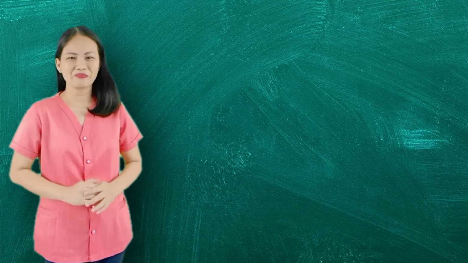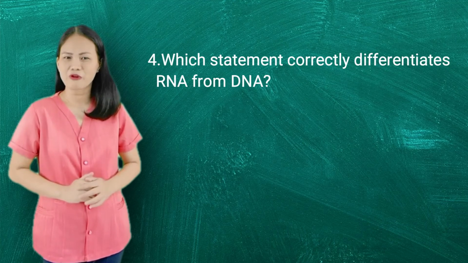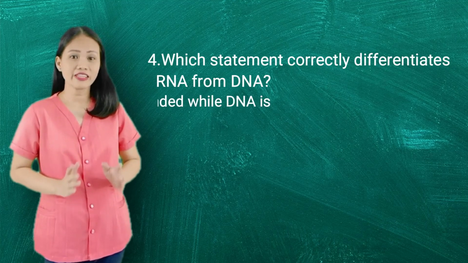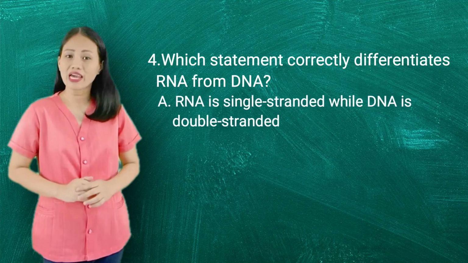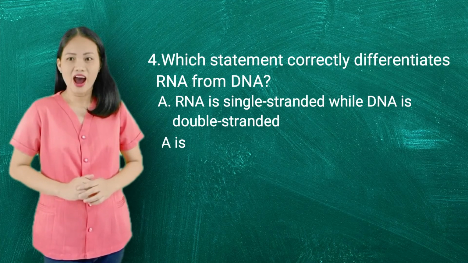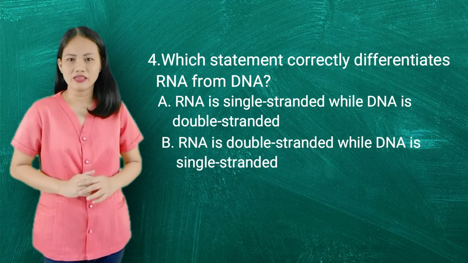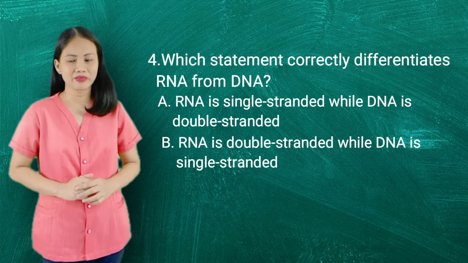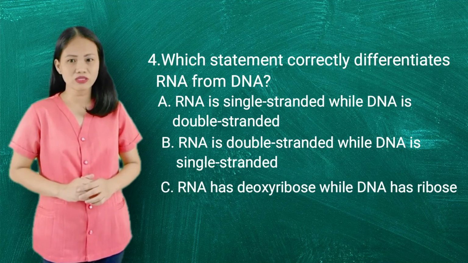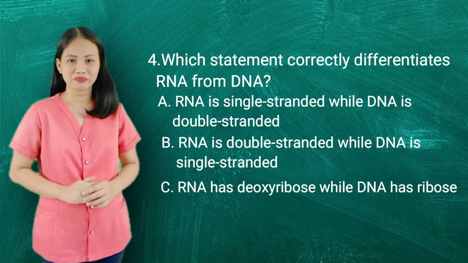Number 4. Which statement correctly differentiates RNA from DNA? Letter A. RNA is single-stranded, while DNA is double-stranded. B. RNA is double-stranded, while DNA is single-stranded. C. RNA has deoxyribose, while DNA has ribose.